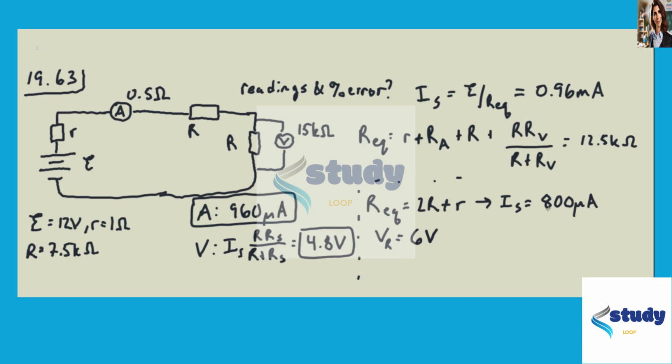So then the percent difference for the current is plus 20%. So this extra resistance in parallel here decreases the resistance of all this enough that the current is higher than it should be.